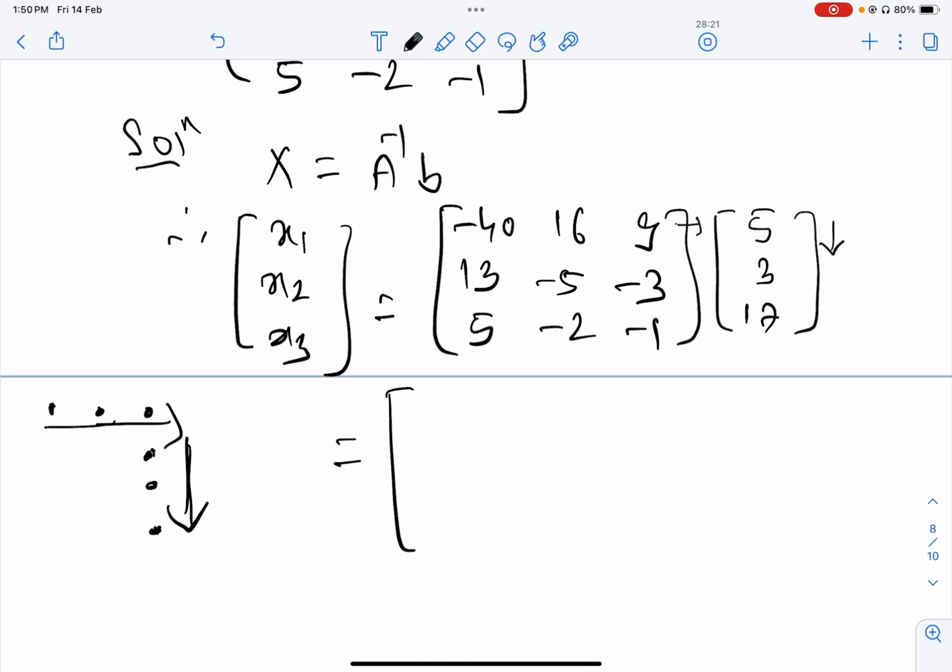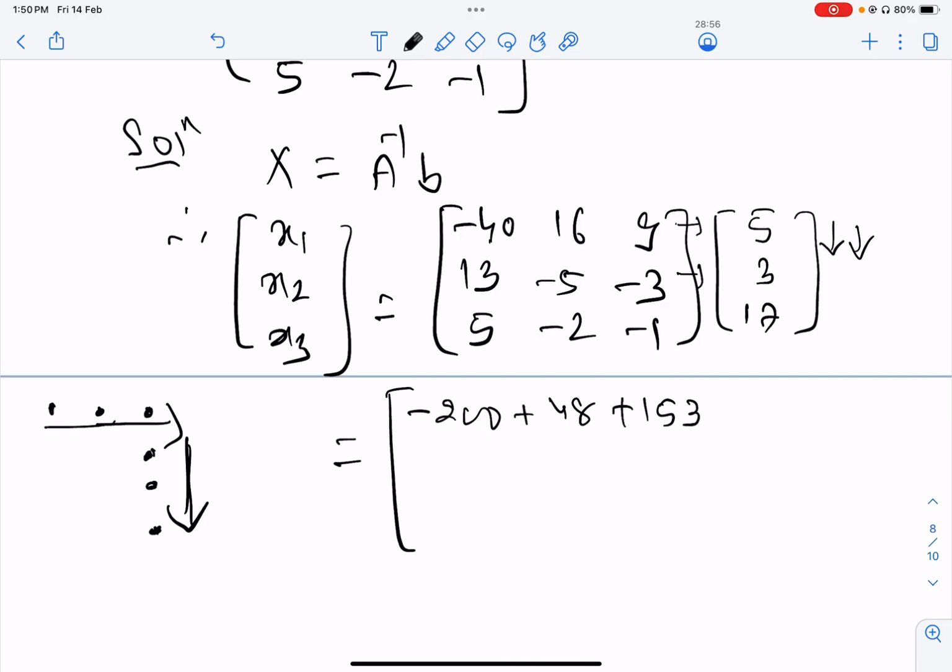First row, first column. So minus 40 into 5, so minus 200. 16 into 3, plus 48. And then 9 into 17, so that is nothing but 153. Okay. Now second row and this column.